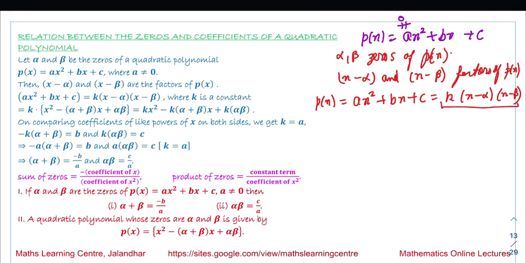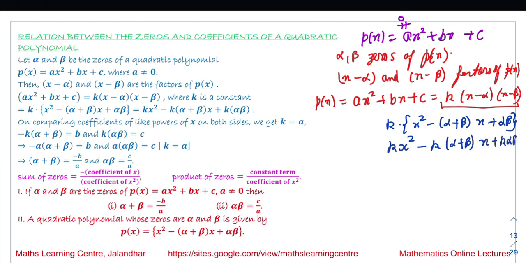Now if we expand this, we get k times x square minus (alpha plus beta) x plus alpha beta. So this is kx square minus k into (alpha plus beta) times x plus k times alpha beta.